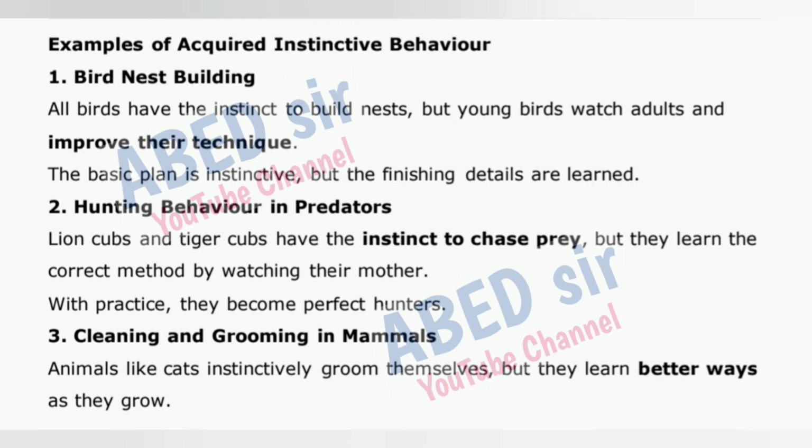2. Hunting behavior in predators. Lion cubs and tiger cubs have the instinct to chase prey, but they learn the correct method by watching their mother. With practice, they become perfect hunters. 3. Cleaning and grooming in mammals. Animals like cats instinctively groom themselves, but they learn better ways as they grow.